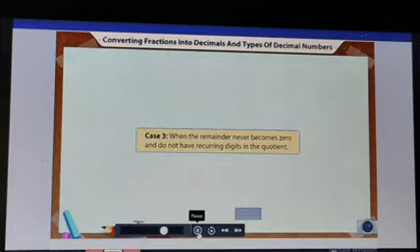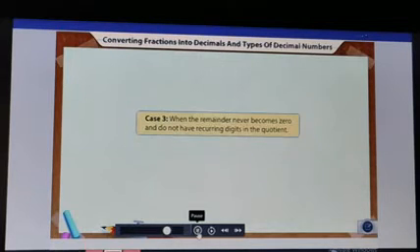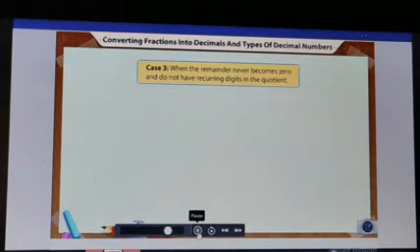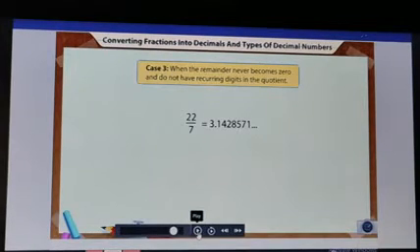Third, when the remainder never becomes 0 and do not have recurring digits in the quotient. For example, when 22 is divided by 7, the quotient is 3.1428571 and so on. So in the case when the remainder never becomes 0 and do not have the recurring digit in the quotient, then the answer will not have the same digits repeating itself.